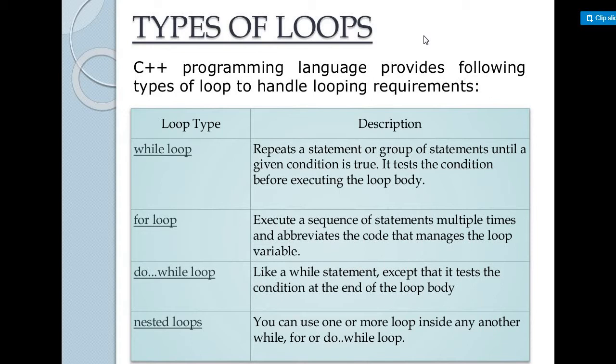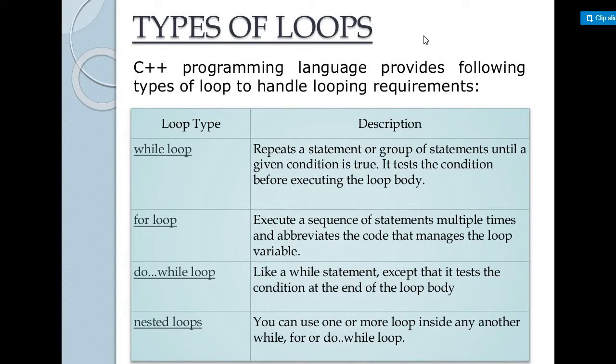That is why it is different, because while loop and for loop are both entry control loops, and do while is an exit control loop. Nested loop means one loop is inside another loop. It may be any for loop or do while loop executed inside another loop.